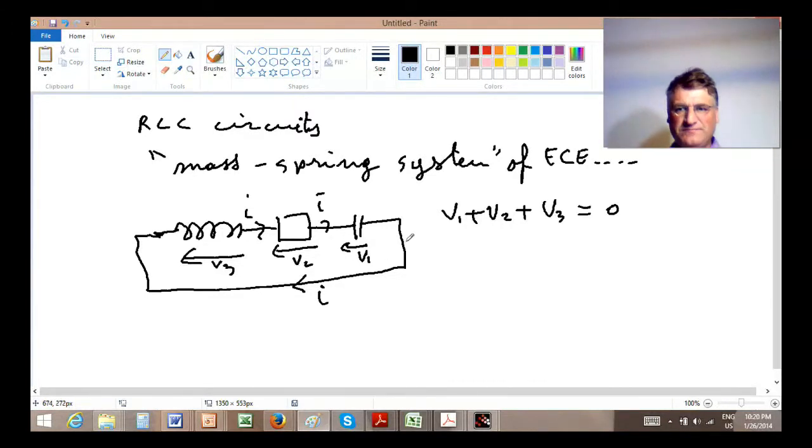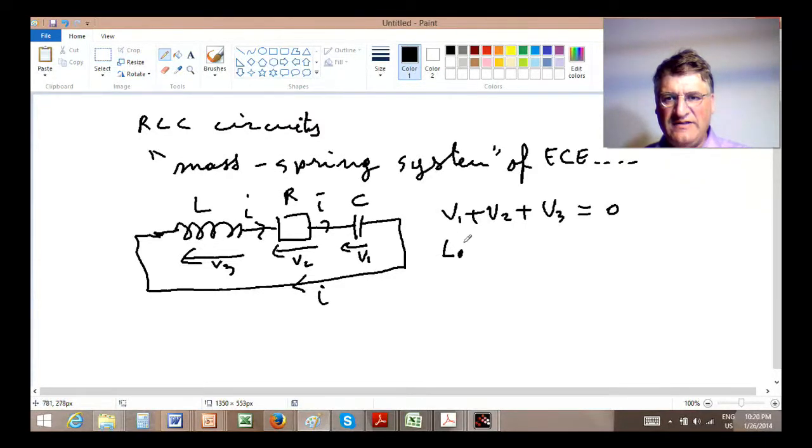So let us derive the equations of the RLC circuit, where we have R here, L, and C. We write L di/dt is equal to V3.